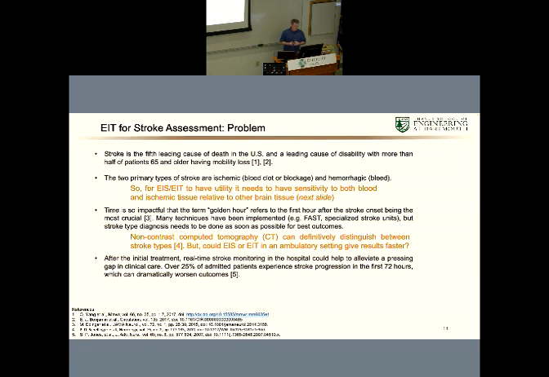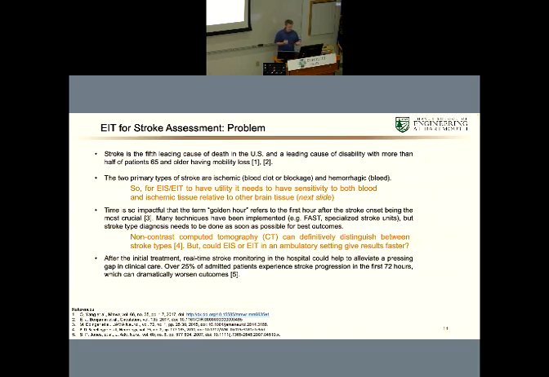And then maybe more reasonably, could EIT help out in this secondary, less intense problem, but very important: the continued monitoring that needs to be done after a stroke patient has been brought to the hospital, has had an intervention, and then has to stay in the hospital for up to about a week, where they could have some secondary stroke progression in that time.